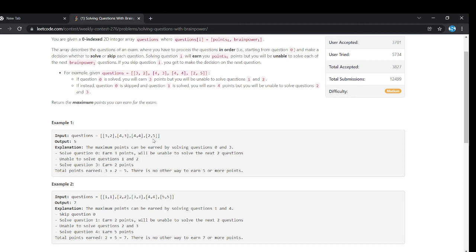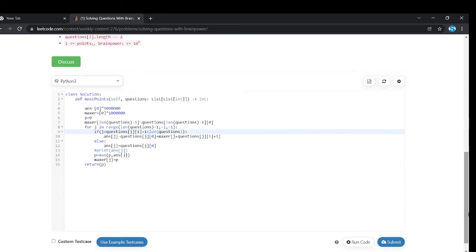So the current index plus 5. So 3 plus 5, 8 plus 1, 9. So from ninth itself we would be able to solve the remaining question, but there are no remaining questions after this, right? So that's why we are ensuring that we are not crossing our boundary. So that's the boundary case here.